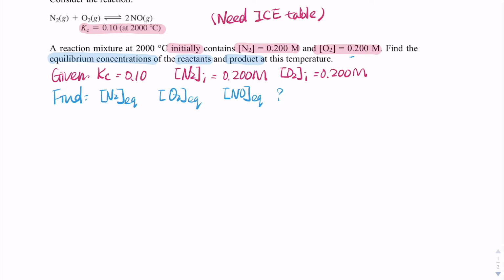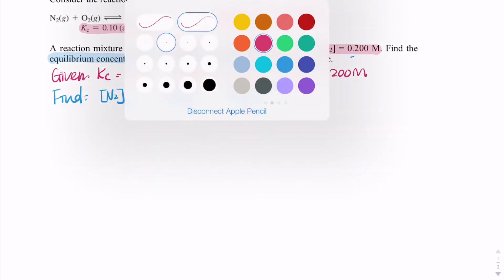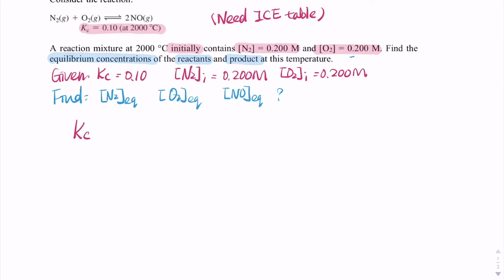Now let's start by expressing Kc, because that's always helpful. Kc, the equilibrium constant, no matter which direction the reaction goes, always uses, if we consider the forward direction, the products, the substances on the right side of the equation, each raised to the power of its stoichiometric coefficient, over the reactants, the substances on the left side of the equation.